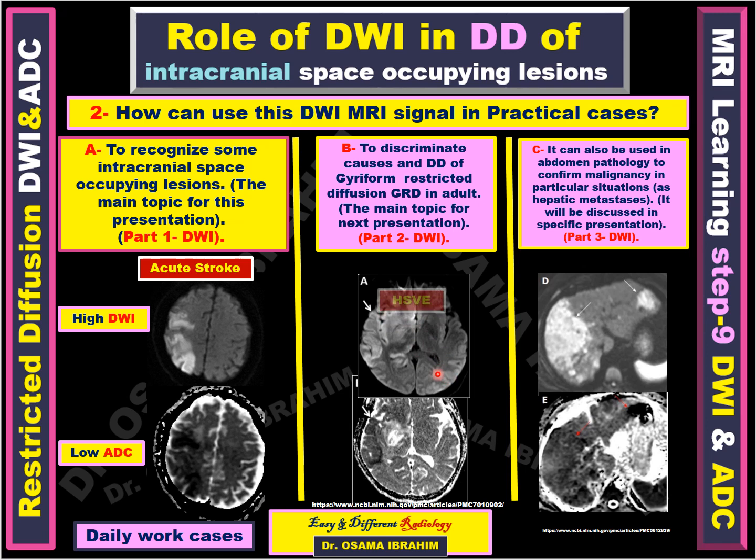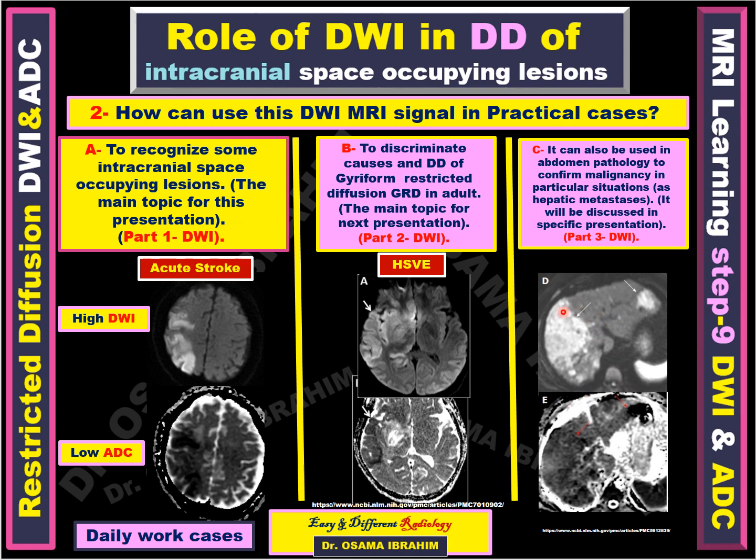And this one is herpes simplex virus encephalopathy, which affects the temporal lobe, medial and lateral aspect, as we'll see here, and takes mainly the gyriform pattern. And I will talk also about the other differential diagnosis in the next presentations as MRI learning.